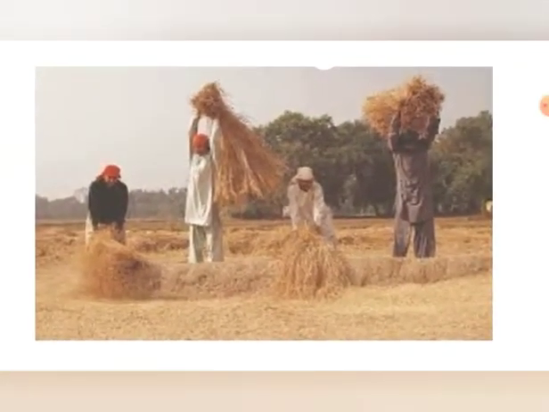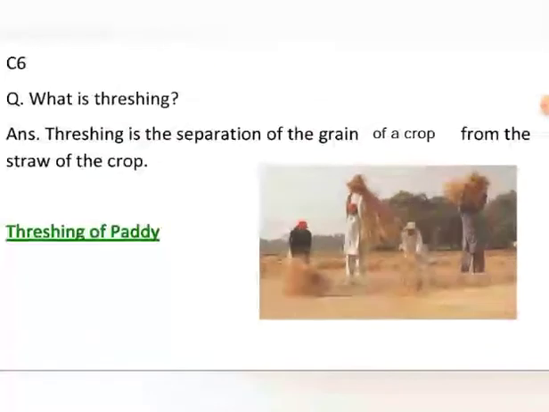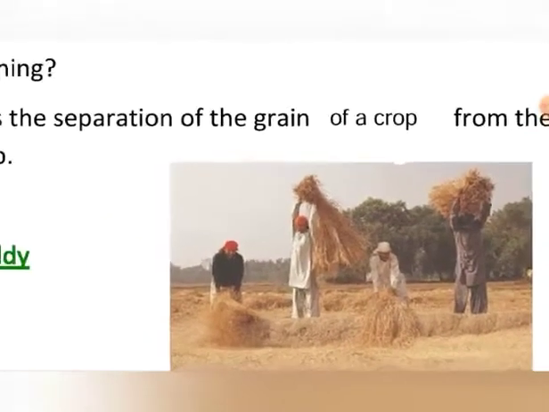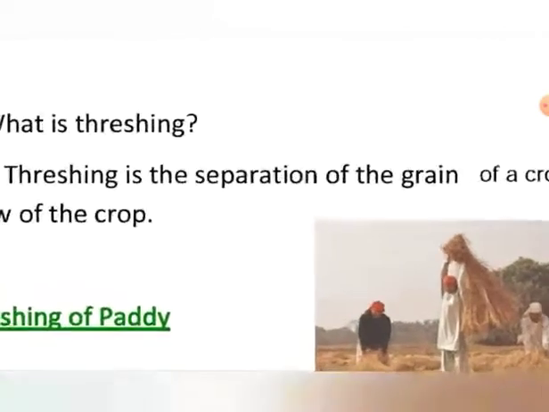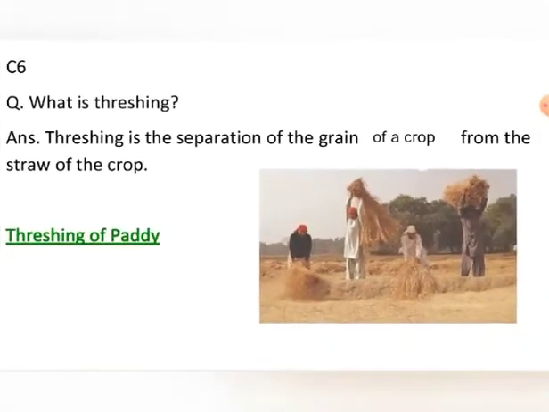The paddy plants bear their grains, and when the plants are beaten on a hard surface, the paddy grains are separated. So this separation of the grains of the crop from the straw of the crop is known as threshing. I hope you have understood it.